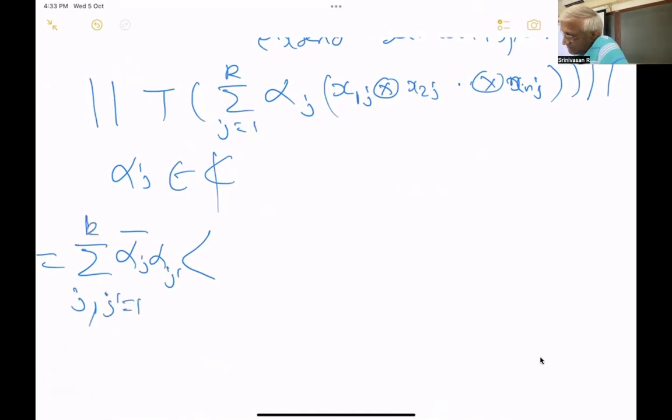So here I will have alpha_j bar, the tensor over i equal to 1 to n of x_i^j, and alpha_j'.